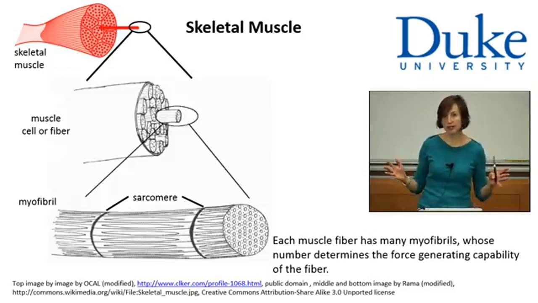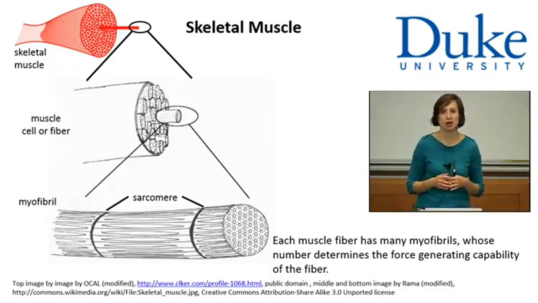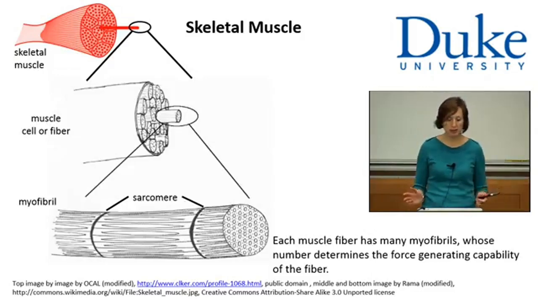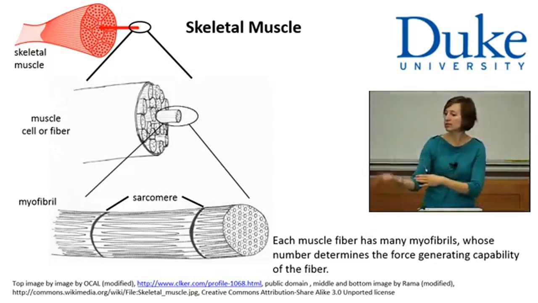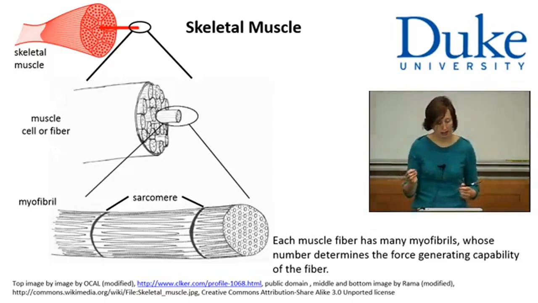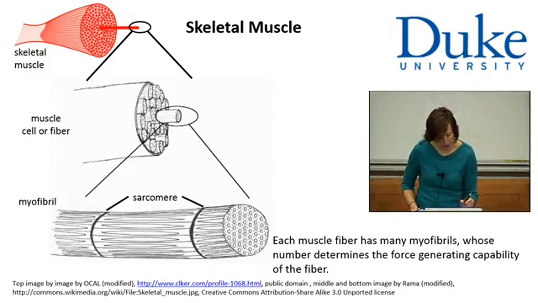So let's move in now to more specifically talking about skeletal muscle, where we've already said that the muscle itself is going to be made up of many muscle cells or fibers. You can use that term interchangeably. So here's a cross-section of a muscle, and you see that we are going to zoom in on a single muscle cell or fiber.